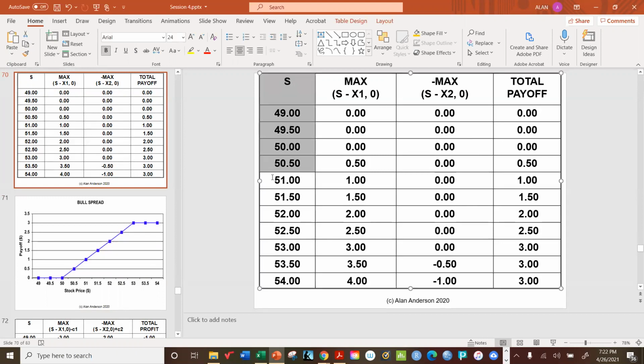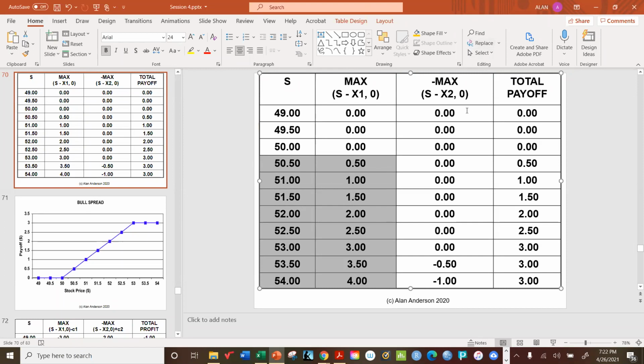Here's the stock. Here's the first option. Now remember, this first option has a strike of 50, so you can tell by looking at these payoffs. We have a zero payoff up to 50. After that, it goes up by 50 cents every time the stock price goes up by 50 cents.